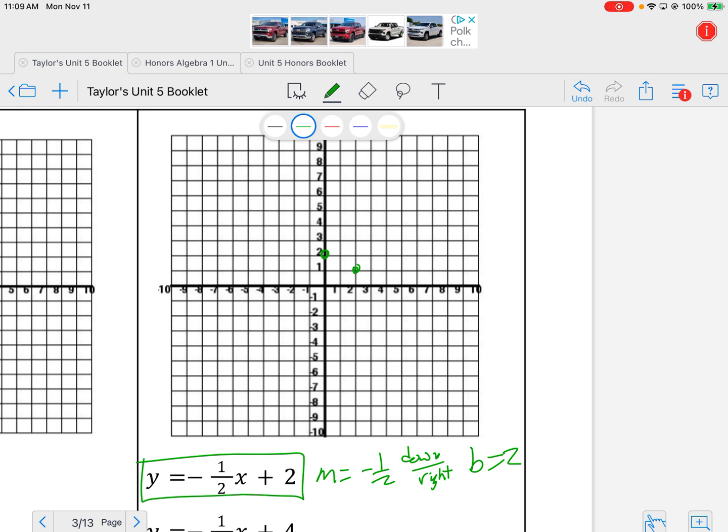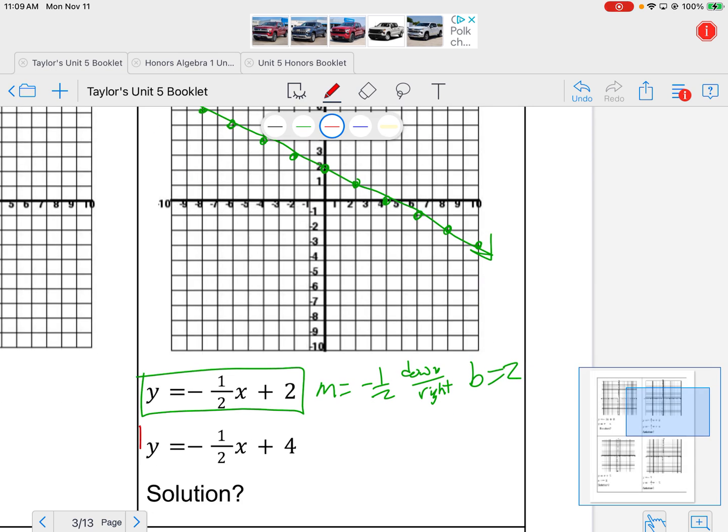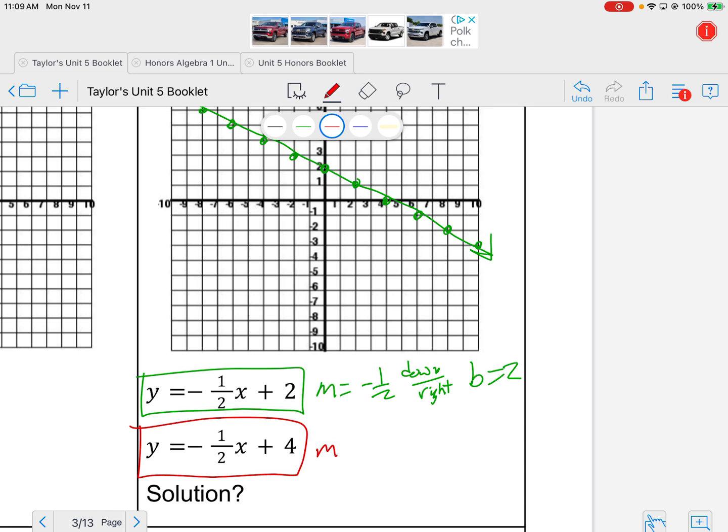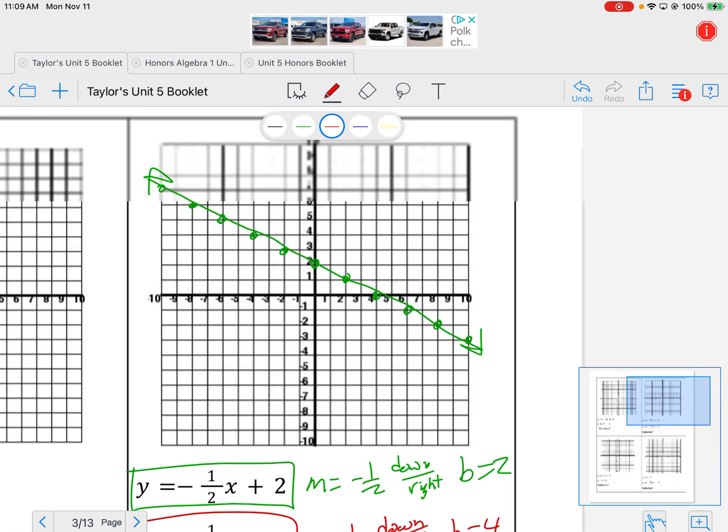Down 1, right 2, down 1, right 2. And then our next one, our slope is a negative 1/2. So we're going to go down 1, right 2. And our y-intercept is 4.